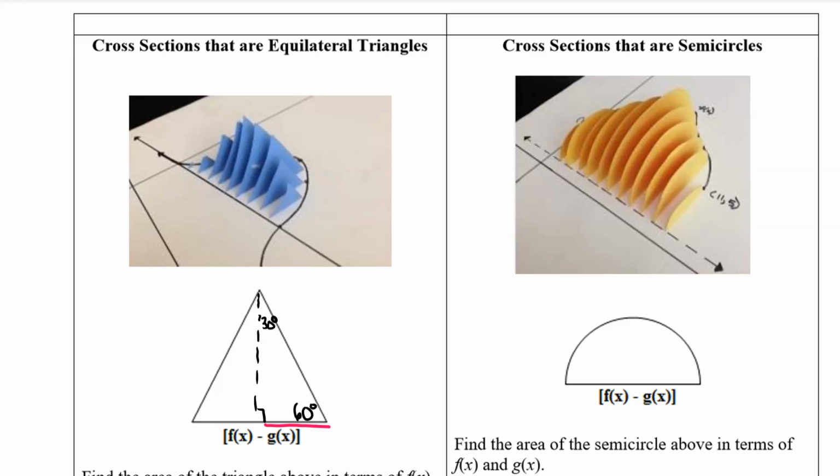Now we need to relate the sides to figure out what that height is. So this piece right here is half of the difference between the curves, because the height is a perpendicular bisector of that base. And we know the relationship in a 30-60-90 reference triangle, which is what we've got here.